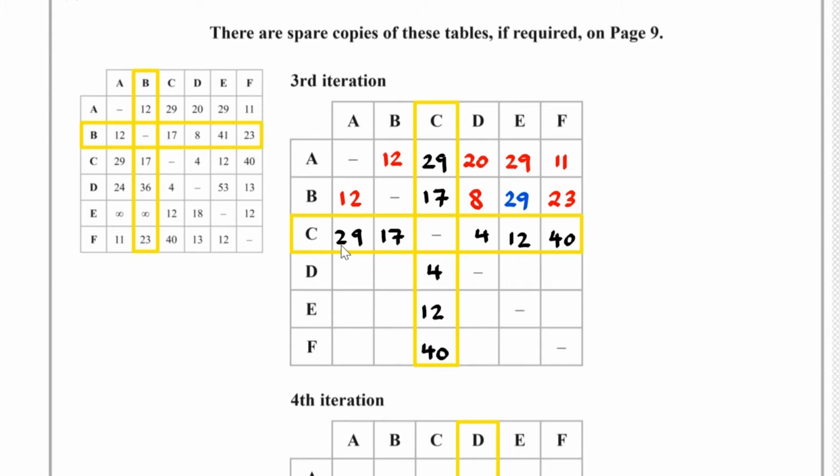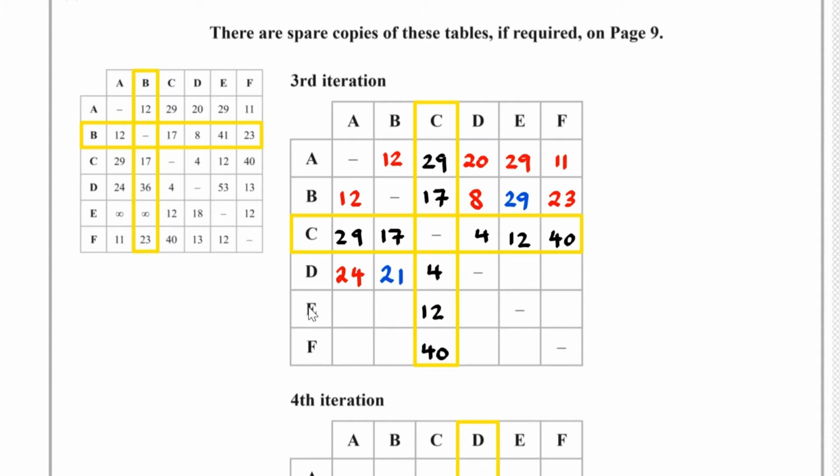Now, if we take a look at what goes here, we've got 29 plus 4 being compared with the 24. 24 is smaller, so 24 goes here. And now for this, we compare 17 plus 4 with the 36. 17 plus 4 is smaller, that's 21.